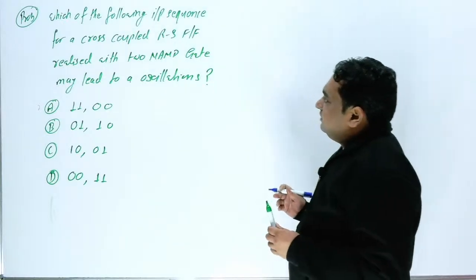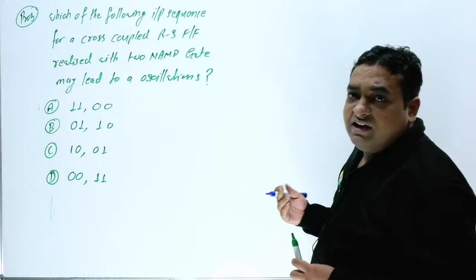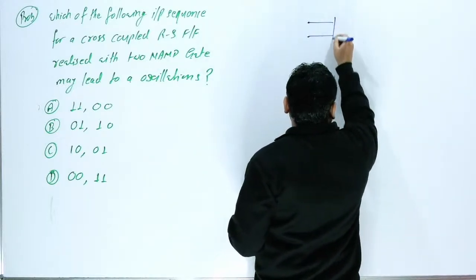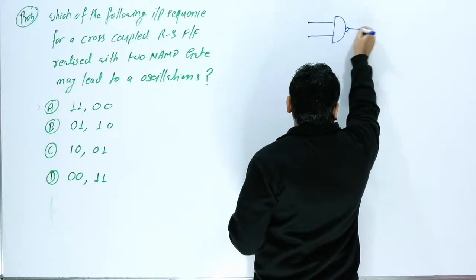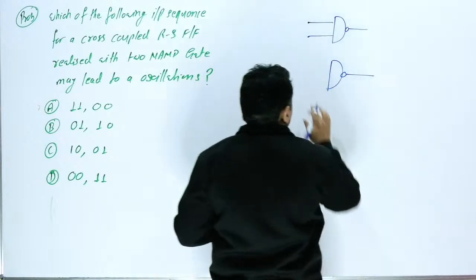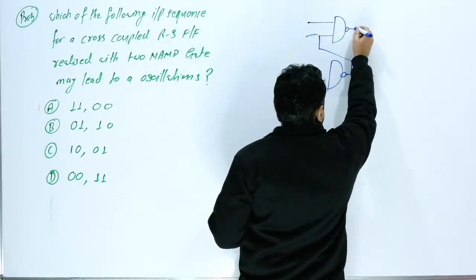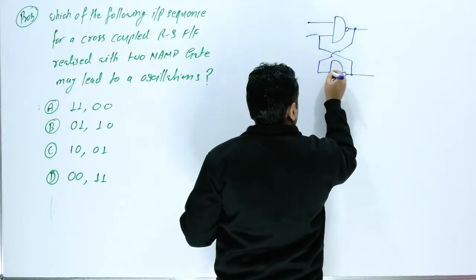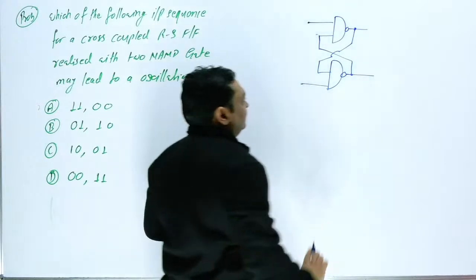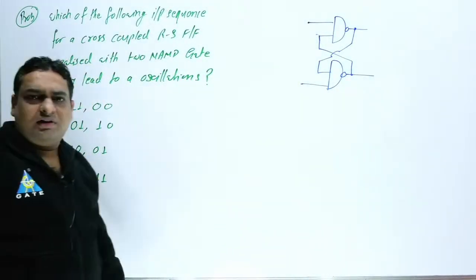So they have mentioned a cross coupled RS flip flop realized with two NAND gates. This is one NAND gate and this is another NAND gate, and this is the cross coupled connection. Here one clock is also connected.